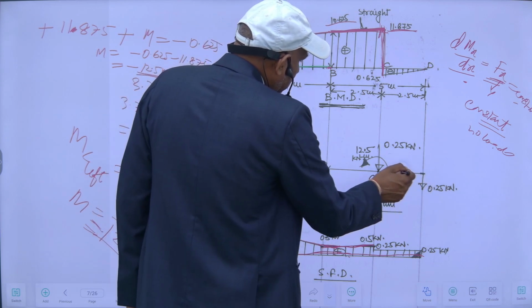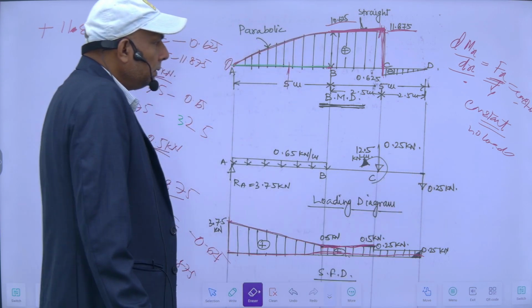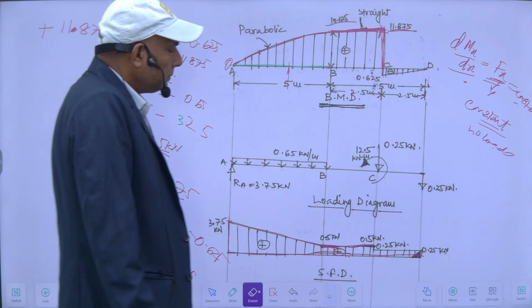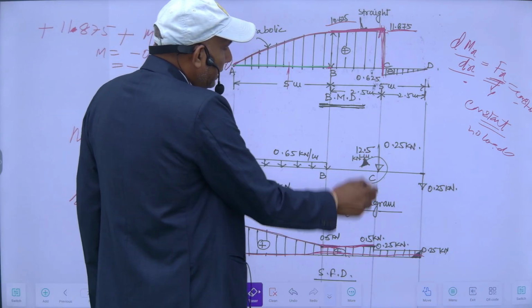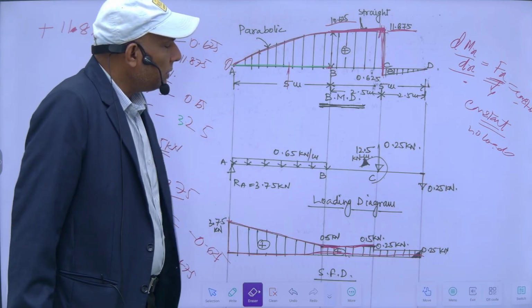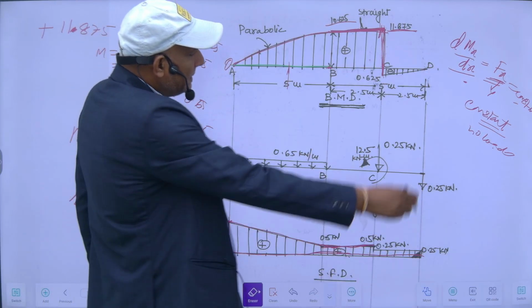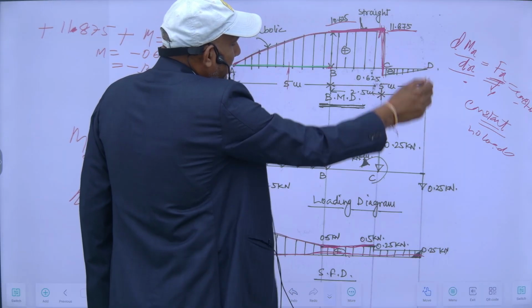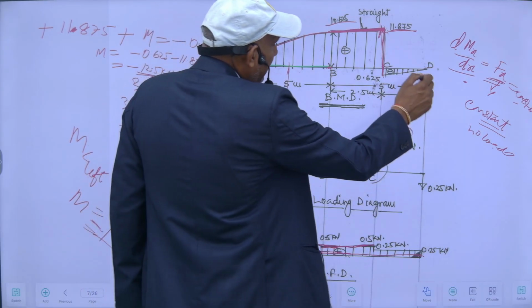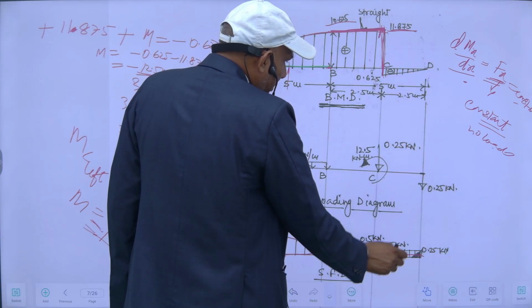and so this is the moment here. So MC is equal to minus 12.5. So this is a hinged end. So I can find the reaction here.